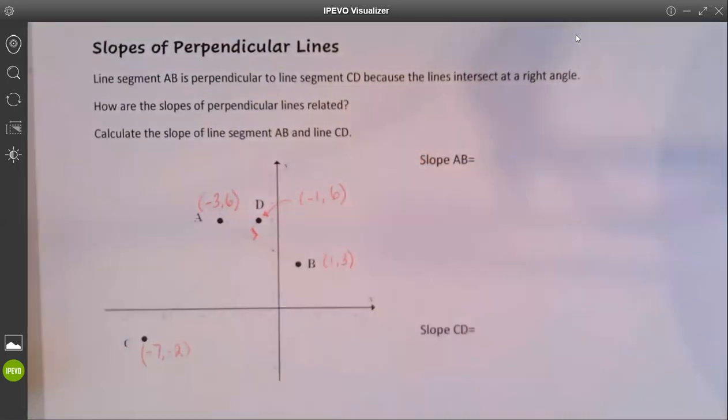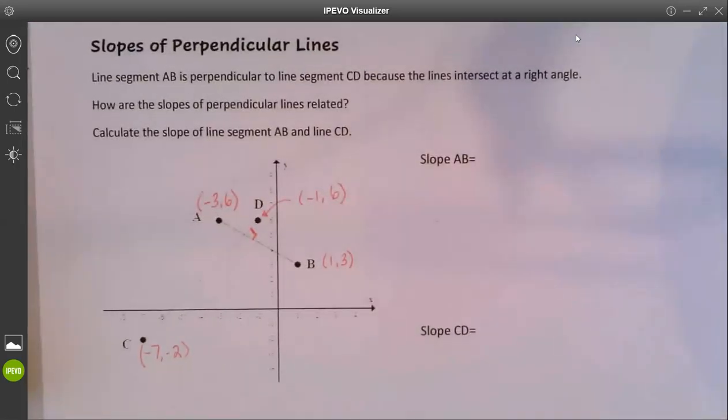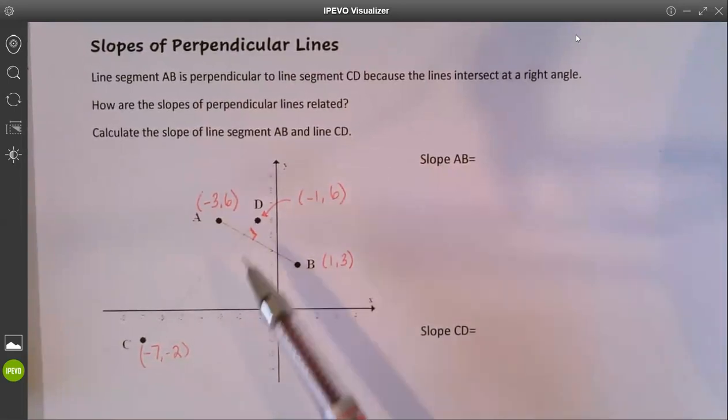We'll draw in that 90-degree angle. And what we want to do is see how the slopes of these two lines are related. To do that, we're going to calculate the slope of each line segment. Now, my grid did not show up very well in this copy, so I have written in for you the coordinates of each of the four ordered pairs.